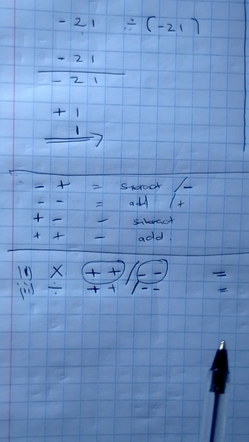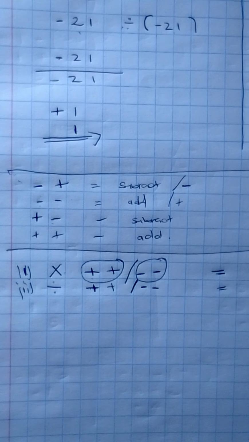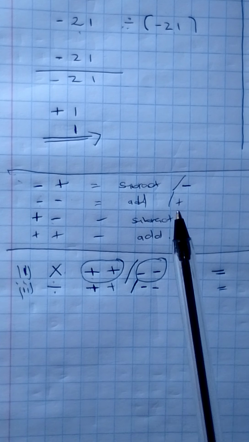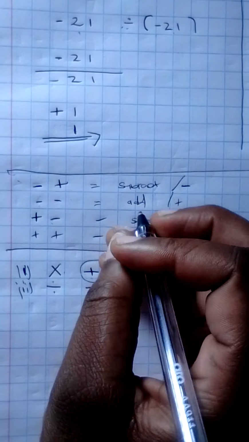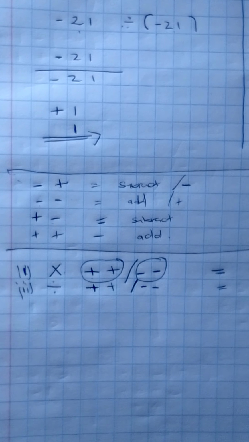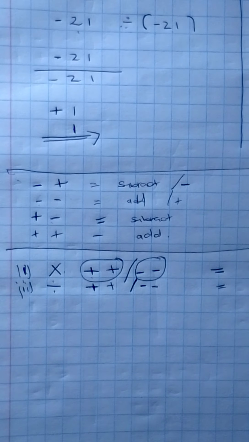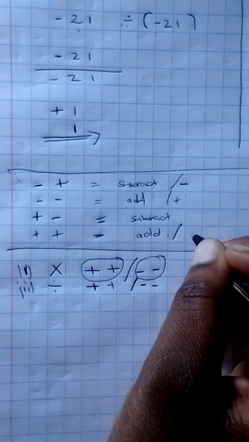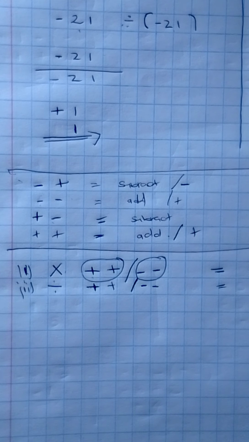And whenever you're adding a negative number which is next to a negative number, you add, right? Same applies whenever you start with a positive number next to a negative number, you subtract, right? Whenever those two numbers have got two signs, which is addition and addition, you add, right? You add.